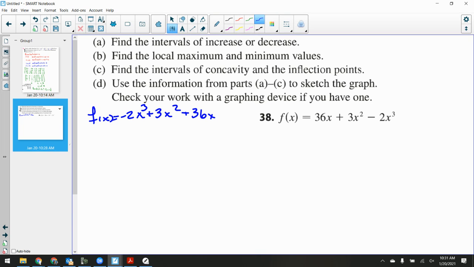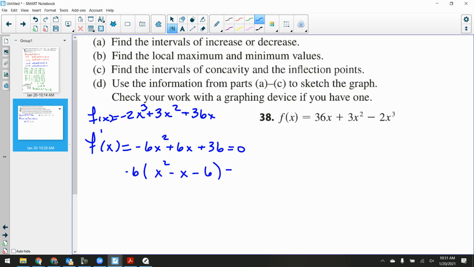To find the intervals of increase and decrease, I need to find the critical points. So I take f prime of x is equal to negative 6x squared plus 6x plus 36. I factor out the 6 because I want to find when this equals 0. Let's factor out a negative 6. Negative 6 comes out. We get x squared minus x minus 6 equaling 0.